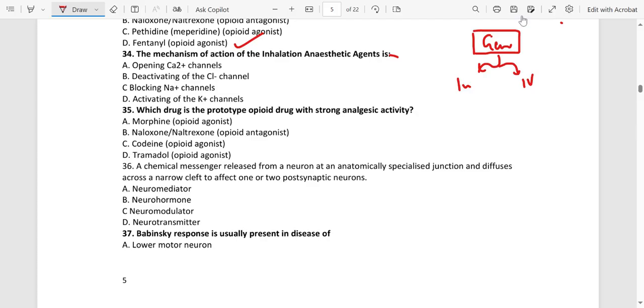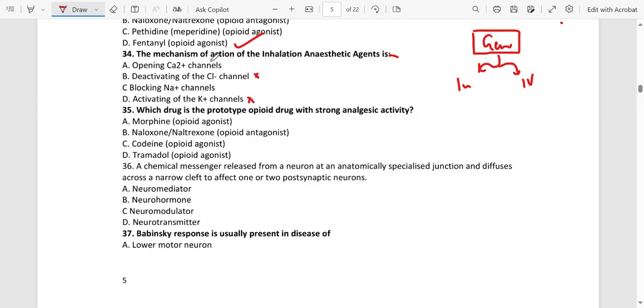Another thing is that general anesthetics can actually potentiate the effect of GABA. Potentiate, in other words, strengthen the effect of GABA. What GABA does is it opens the chloride channels. So B is not correct, because of deactivating chloride channels.